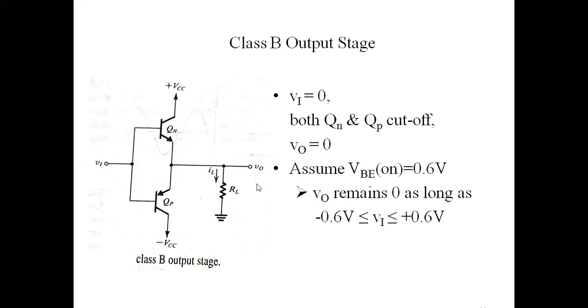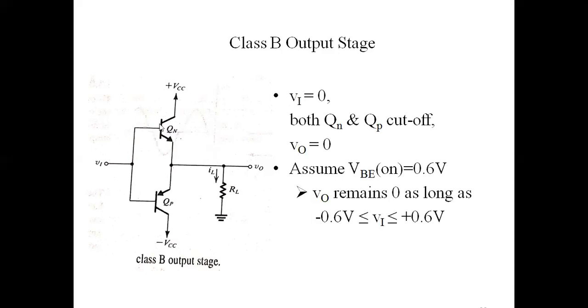In this case, the output voltage V0 follows the input voltage Vi, that is V0 is equal to Vi minus VBE of n, the VBE of the NPN transistor.